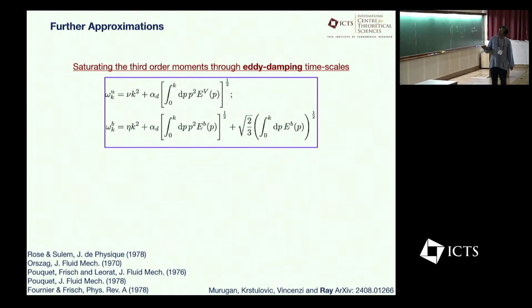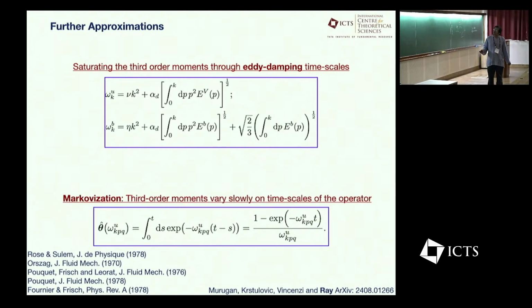So what you do is you can saturate the third order moment. Gautam, this is roughly the approximation you're talking about, through certain eddy damping timescales, which you can then check roughly from simulations, let's say in 3D and 2D, where you can do this stuff. And you also include a certain Markovianization, which essentially says that your nth and n+1th correlators are relaxing in the same way.